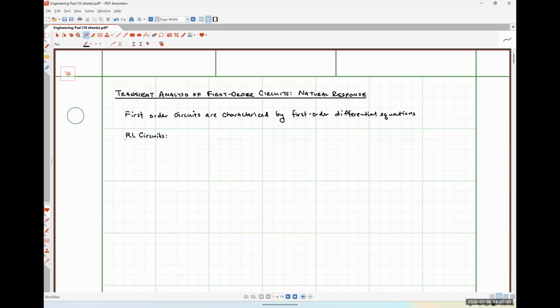So this is going to be a very generic RL circuit, something akin to this. Let's say that I have a current source right here, and it has some magnitude IS like so.